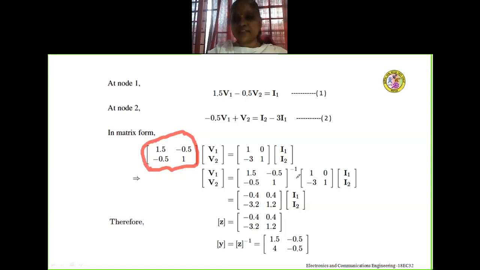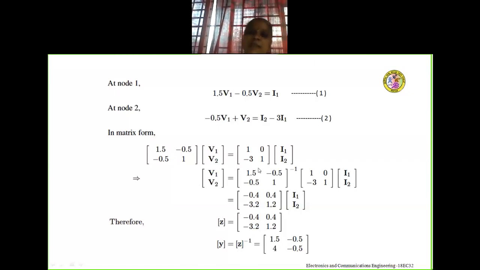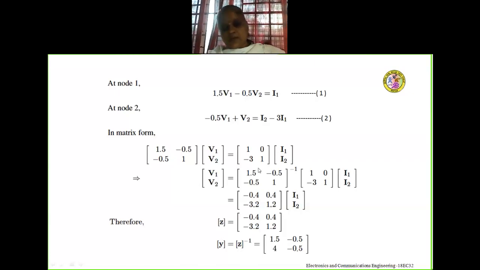So we get the inverse of this. So the column matrix V1, V2 is equal to the inverse of 1.5, minus 0.5, minus 0.5, 1, which should be multiplied by the matrix 1, 0, minus 3, 1 into the column matrix I1, I2.